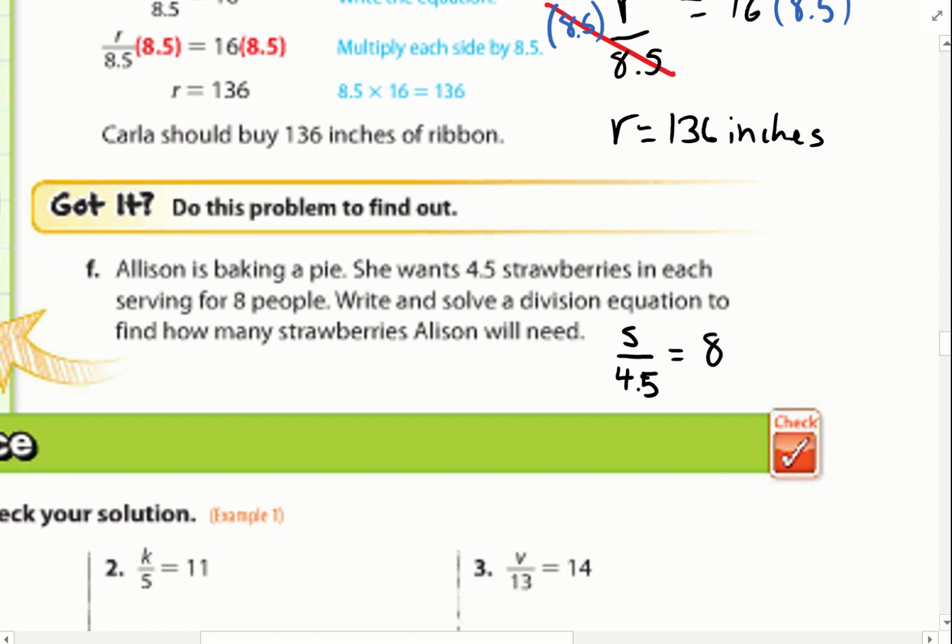So that's how we're going to set up our equation. We're going to use inverse operations and multiply 4.5 on each side. If I distribute, 8 times 4 is 32, 8 times 1/2 is 4, so it's going to be 36. So we're going to need 36 strawberries.